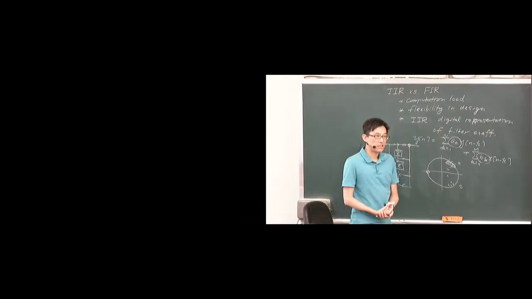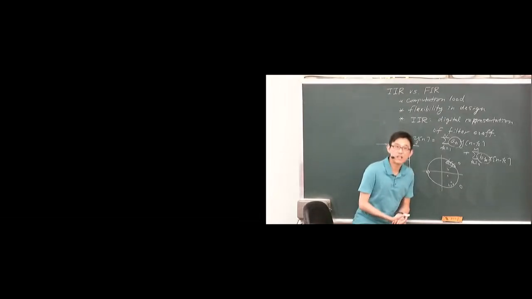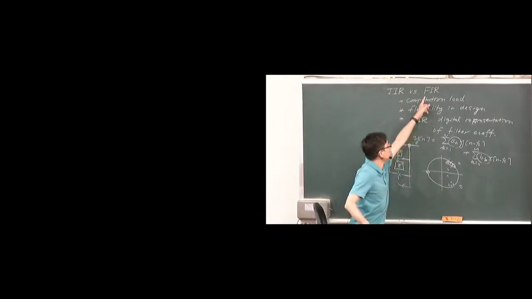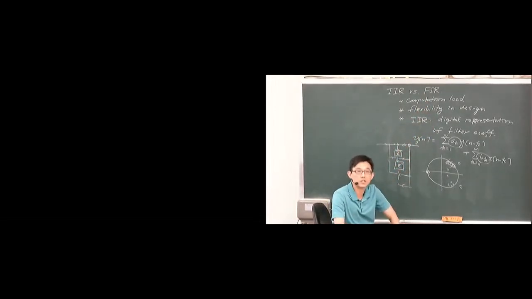In homework number 4, we designed a low-pass IIR filter. In number 5, we designed an FIR filter to meet the same specification: cutoff frequency, transition width, ripple tolerance, and so on.